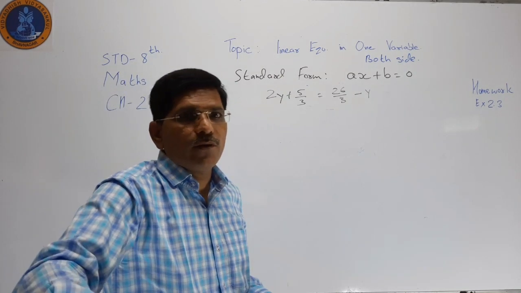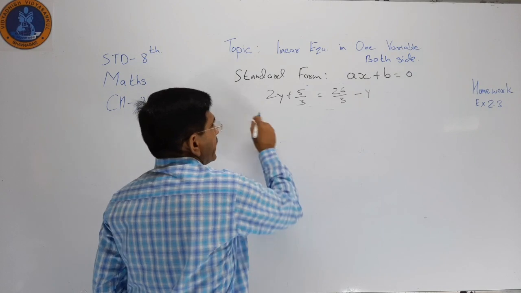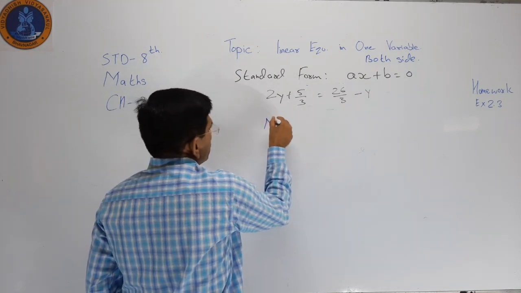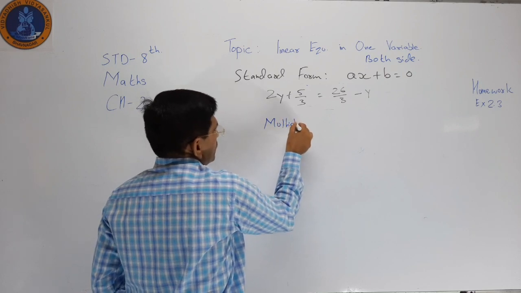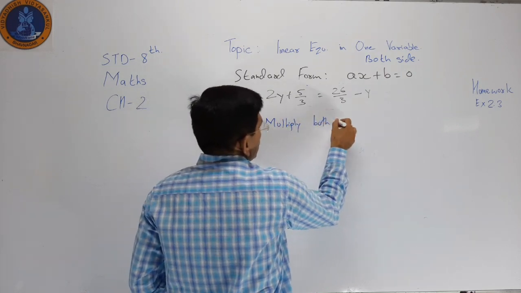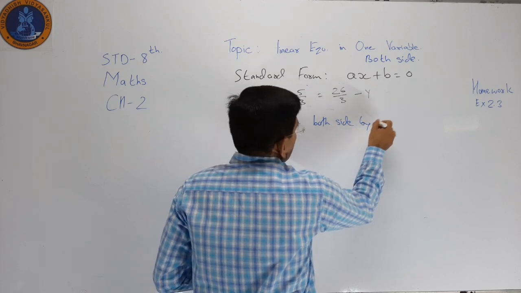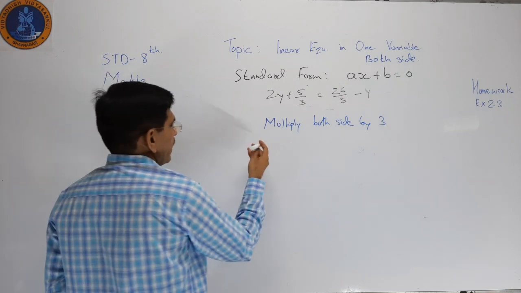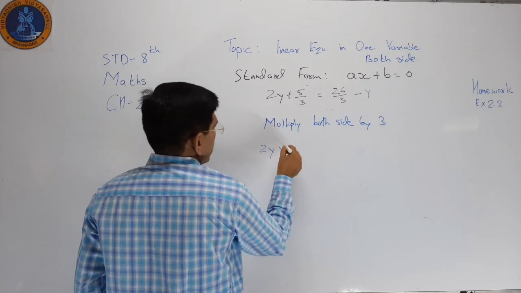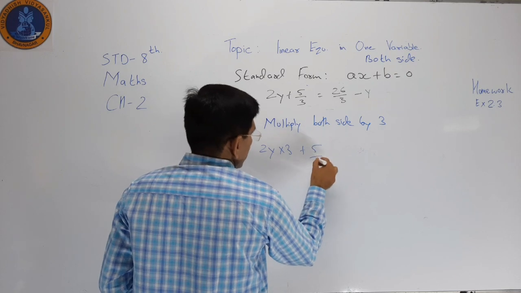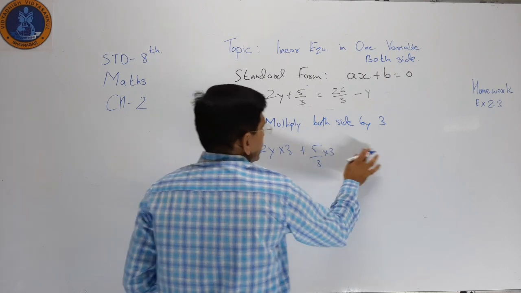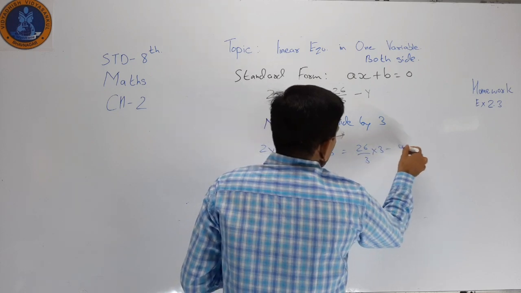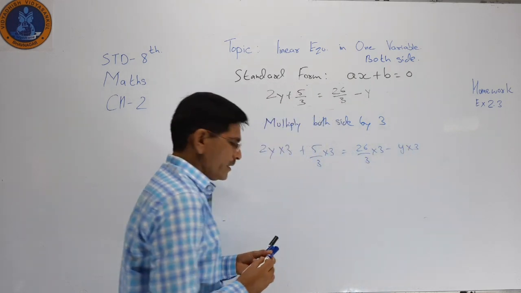What is the first step we have to do? We have to take 3, so multiply both sides by 3. If I multiply both sides by 3, so 2y multiplied by 3 plus 5 by 3 multiplied by 3 is equal to 26 by 3 multiplied by 3 minus y multiplied by 3.